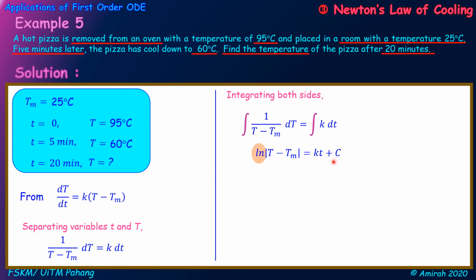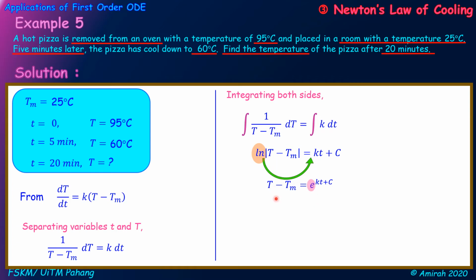And now we want to find the temperature, so we need to write temperature as the subject. So we have ln here, so we need to move it to the right hand side. When we move ln to the right hand side, it becomes e.